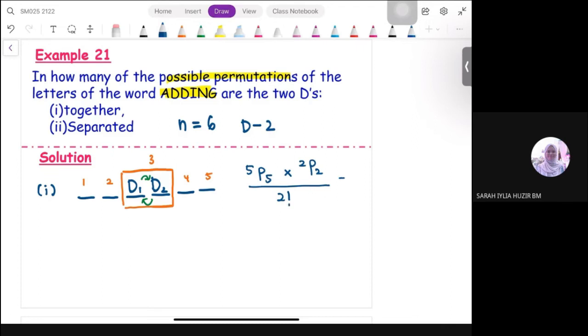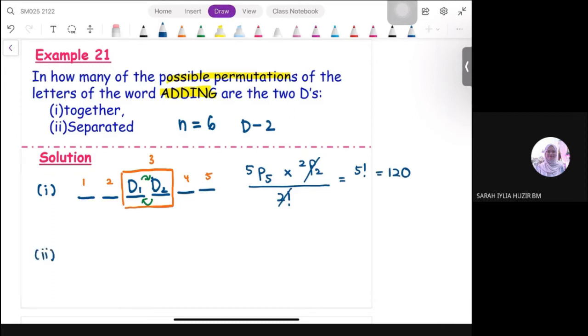Now simplify this. We have 5 factorial only, because 2P2 is 2 factorial, and with 2 factorial below, we can cancel that out. So 5 factorial, our answer would be 120. Okay, settled.